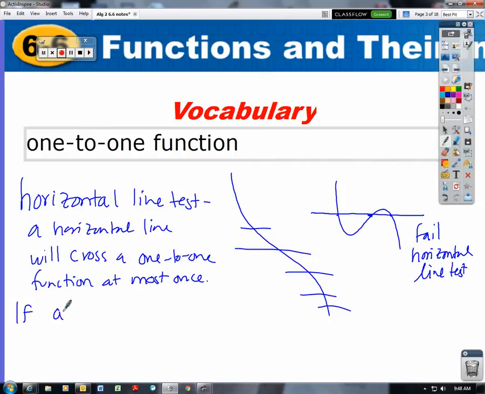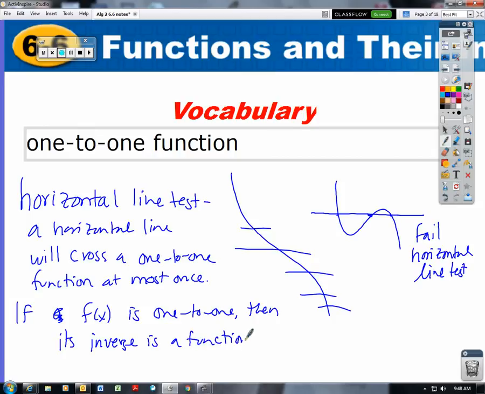It will say, if f of x is one-to-one, then its inverse is a function. That's why we care about this. That's why we care whether it's one-to-one, because it tells us whether the inverse is a function, and we're obviously studying inverses. So the horizontal line test will test to see if it's one-to-one. If it's one-to-one, then the inverse is a function.